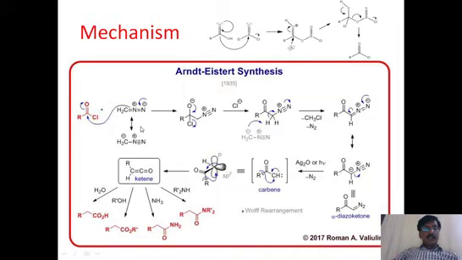Diazomethane is a resonance molecule. See here, it undergoes resonance: CH2 minus, N plus, double bond N. So CH2 is now like a nucleophile. Now this nucleophile attaches to the carbonyl center.